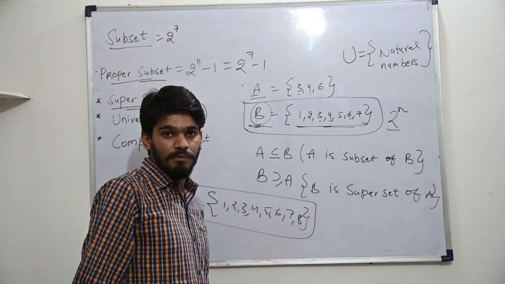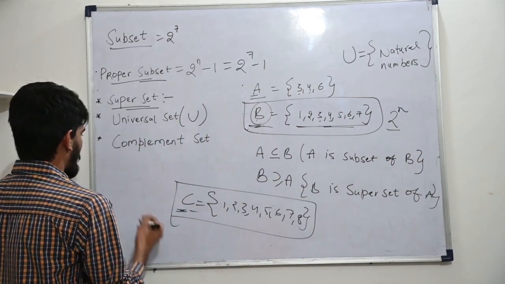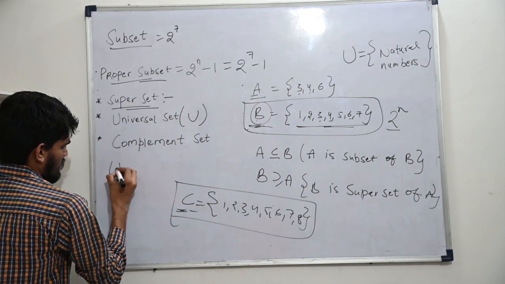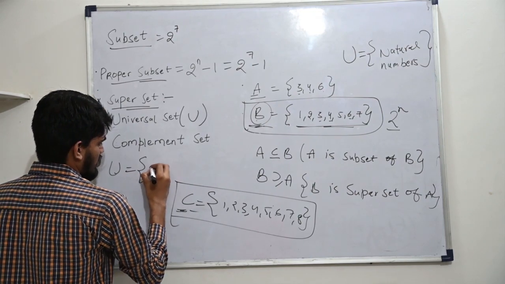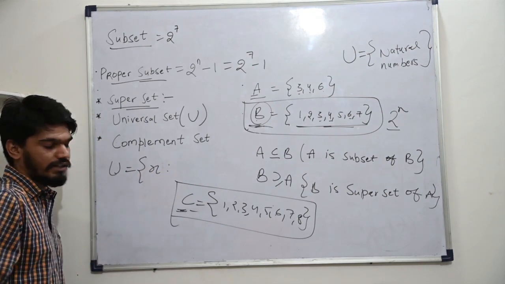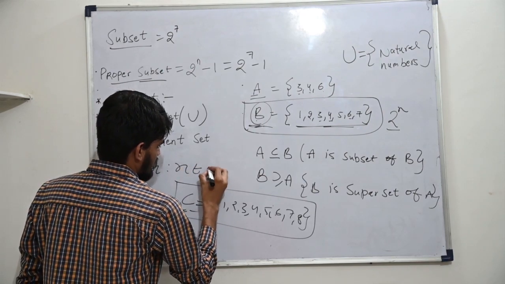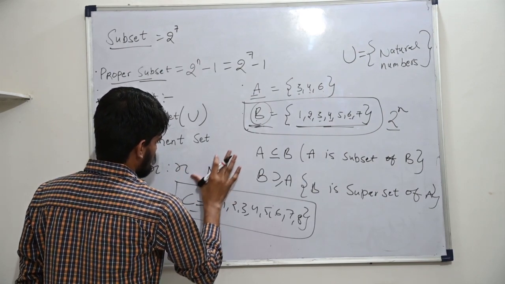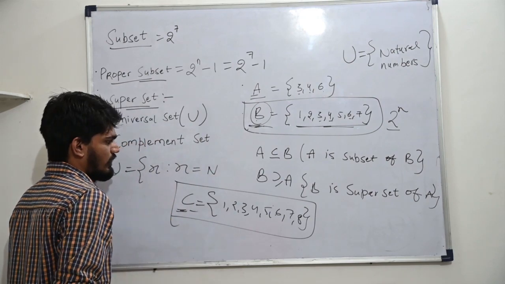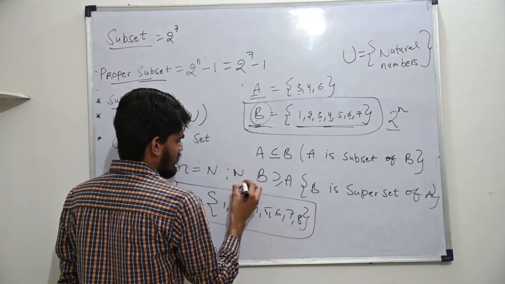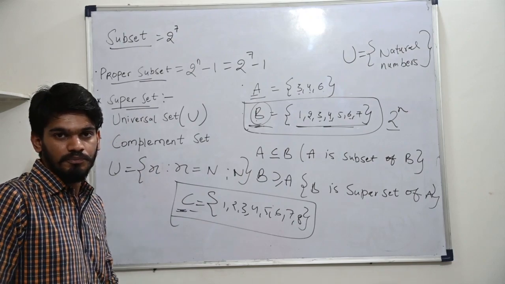And there is one more way to represent this: x such that x belongs to n, where n is the natural numbers.